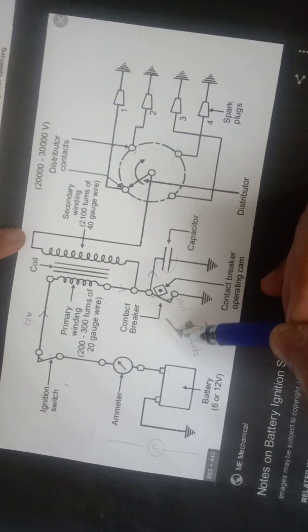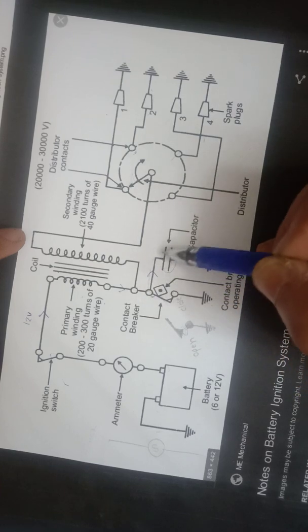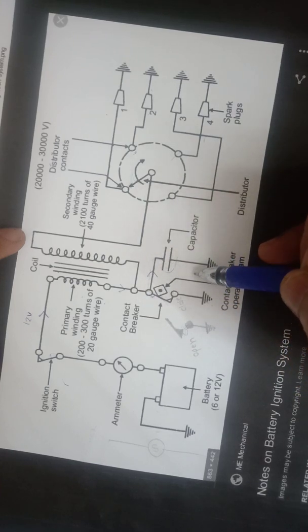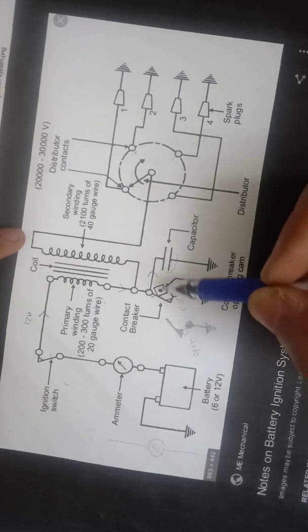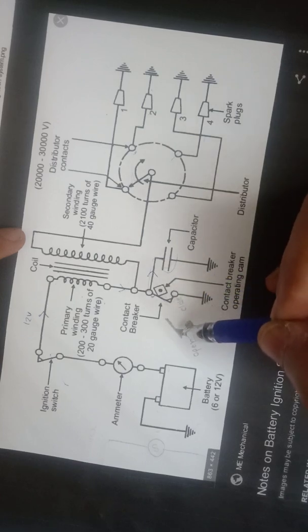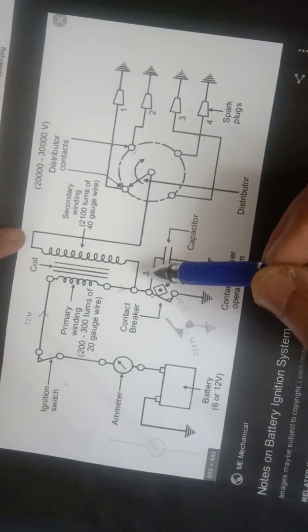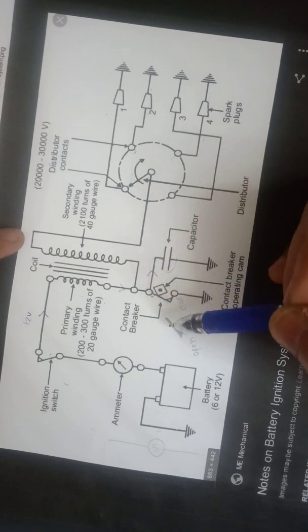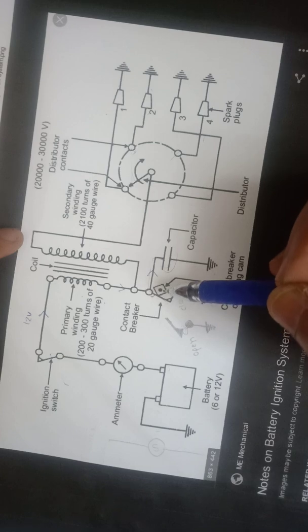There is no formation of carbon because all the current is diverted and absorbed by the capacitor. Due to this, this particular system will run for hundreds of thousands of kilometers without any maintenance, or it will not break down.